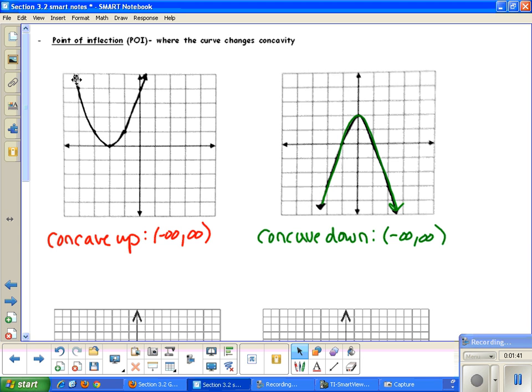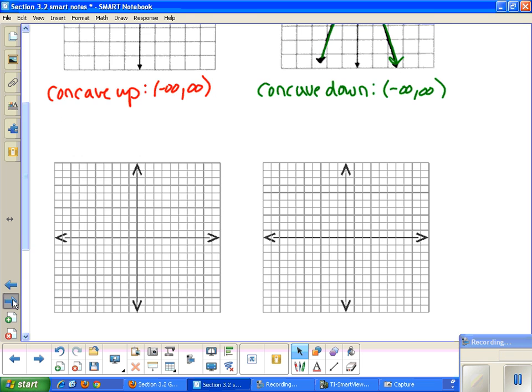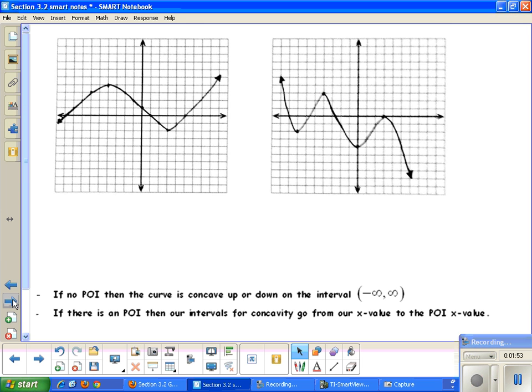The next thing we need to talk about are points of inflection. A point of inflection is where the curve changes concavity. If we look at the next graph here, we can tell where our graph is going to be concave up, concave down, and the place where it's going to change concavity, which again is called your point of inflection.